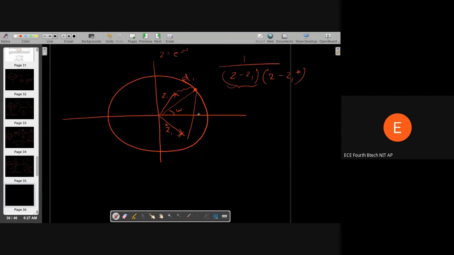Again, d1 star. Now when omega equals omega naught, this distance d1 will become very, very small. As Z1 is less than 1 but approaches the unit circle, this distance is greater than 0 but nearly equal to 0.